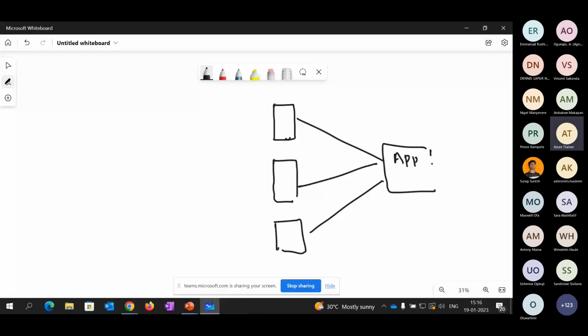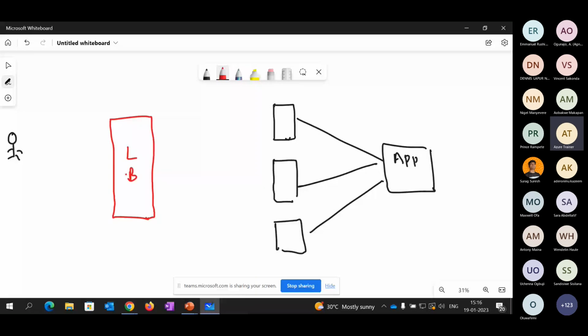Now instead of the user connecting directly to any of the servers, in between your servers and your user, you will be installing something called a load balancer. What will this load balancer do?